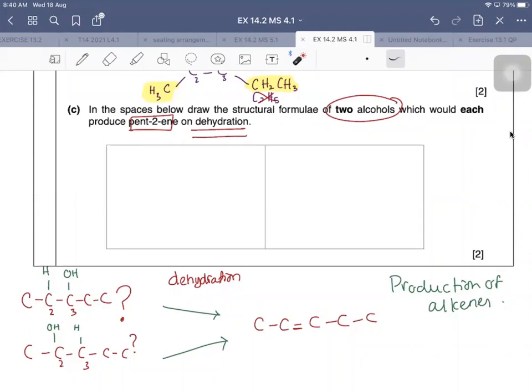They are different because if you look at the first molecule, your hydroxy group is on the third carbon, and for the second molecule, your hydroxy group is on the second carbon. So these two are different alcohols and they are in fact isomers. They are called positional isomers because the position of the hydroxy group changes.